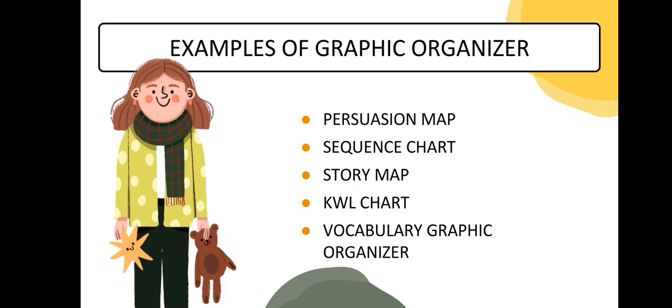Next is the KWL chart. So a KWL chart organizes information before, during, and after a unit or lesson. Next is the vocabulary graphic organizer. So vocabulary graphic organizers are useful visual resources to teach the English language.